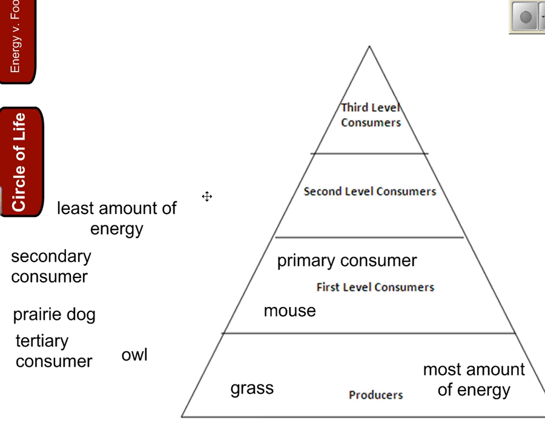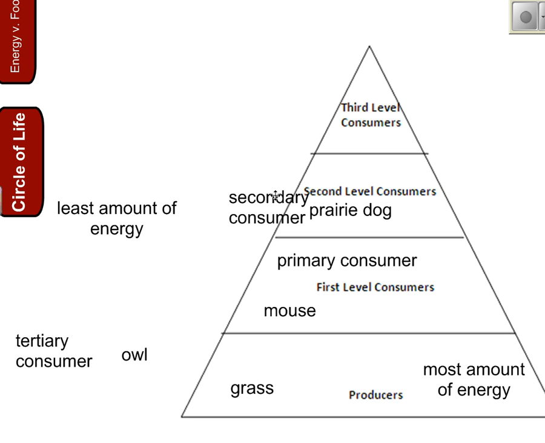And then your second level consumer would be eating your first level consumer. So what would be considered a second level consumer? Well, a prairie dog, our favorite organism. And because it's a second level consumer, it could also be called a secondary consumer.